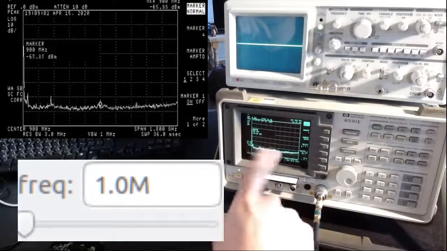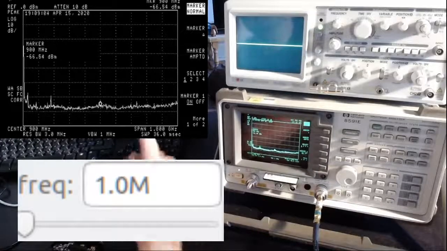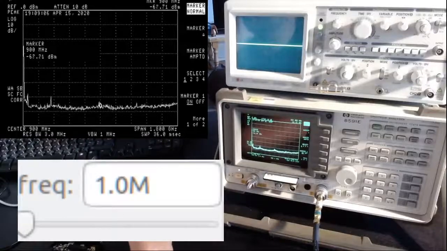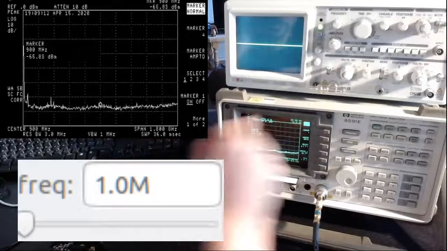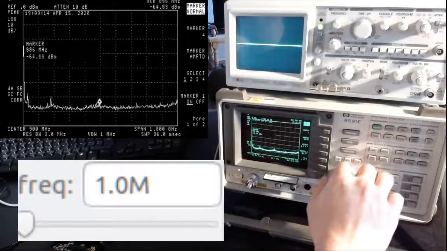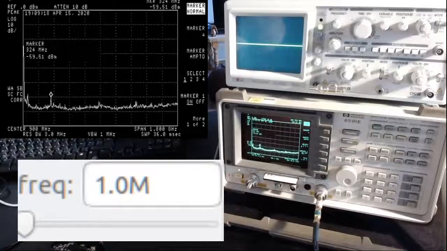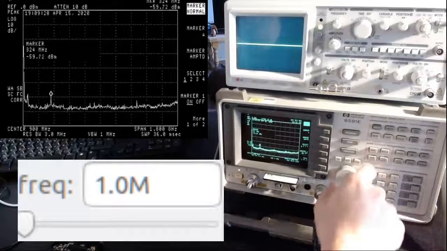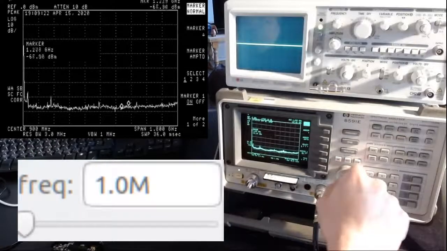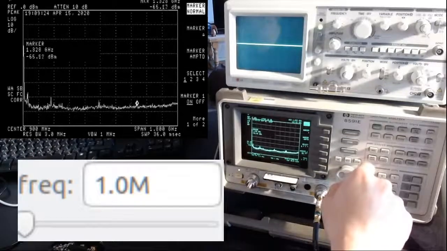My camera doesn't work so well, so here it's better. As a first thing, we can see that now the HackRF is outputting this 1 MHz signal. But immediately we see that there are some extra signals available. So it's outputting also something around here, 300 MHz. We see some spikes here as well.